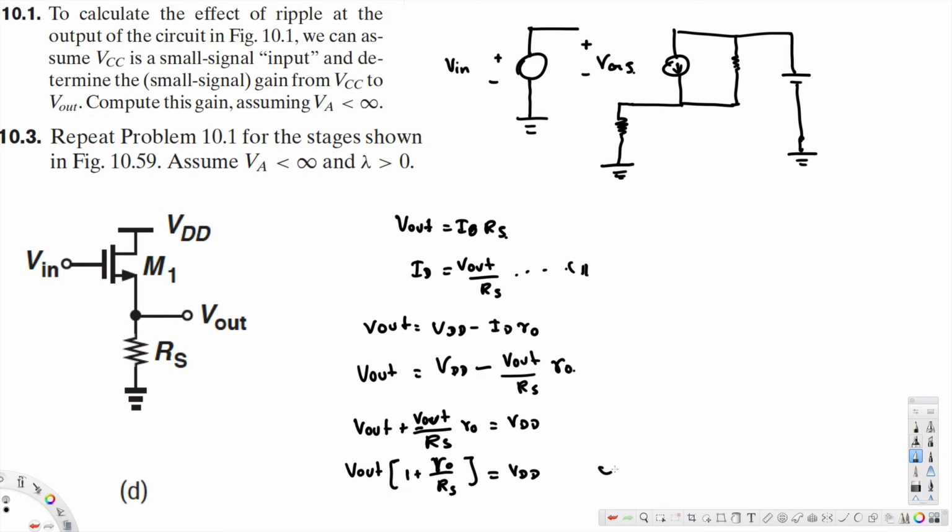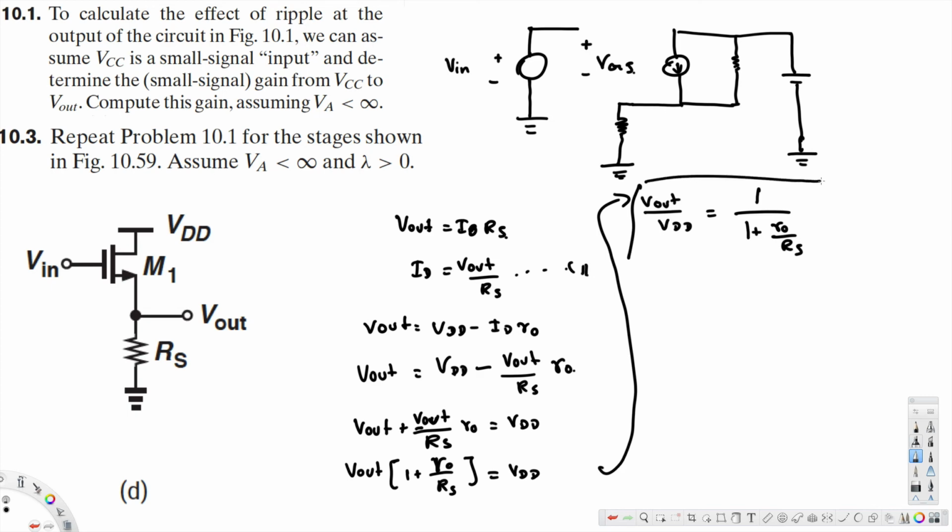Therefore, if you rearrange this, Vout over VDD is equal to 1 over 1 plus RO over RS. And that's our gain. That's how we do this kind of problems.